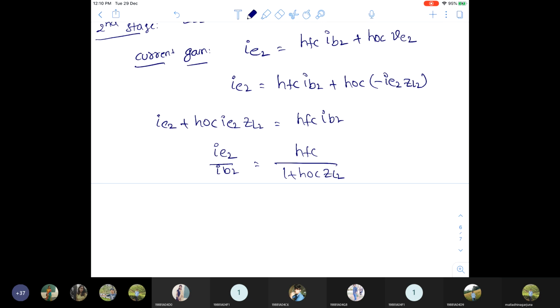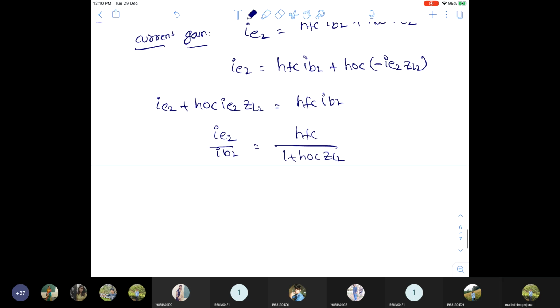If you practice one derivation, you can easily do it for the remaining CC and CB amplifiers also, but you only have to change the notations, like what is the input terminal and what is the output terminal. So A equal to minus IE2 by IB2, that is equal to minus HFC by 1 plus HOC into ZL2. This is the current gain. Next, input impedance.